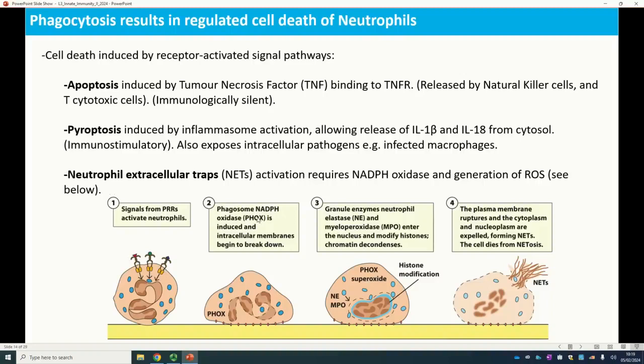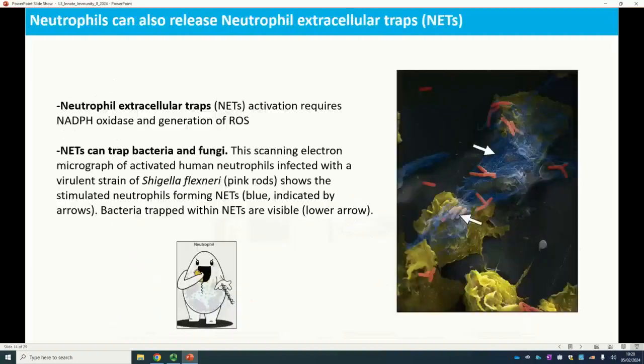We're getting this phagosome NADPH oxidase, and then breakdown of intracellular membranes, modification of histones and decondensation of chromatin. And then ultimately, the plasma membrane will rupture, and we're getting release of these neutrophil extracellular traps that are particularly important in NETosis.